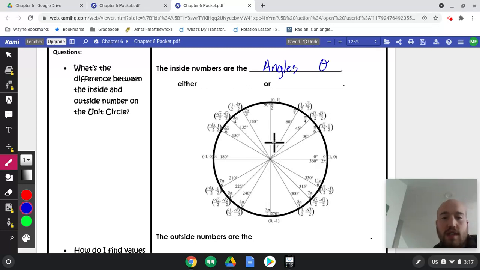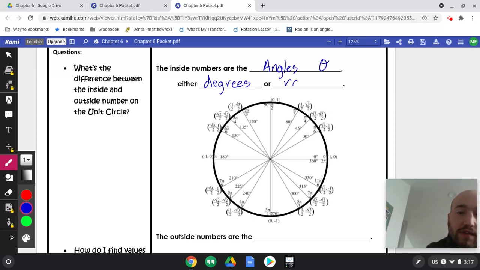Remember, just like inches and centimeters both mean a measurement for length, when we're dealing with angles, it can either be in degrees or radians. 30 degrees and pi over 6 radians are equivalent. It's just a different unit of measure. So we either have degrees or radians, depending on which one we are referencing.